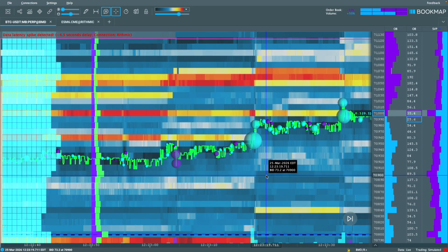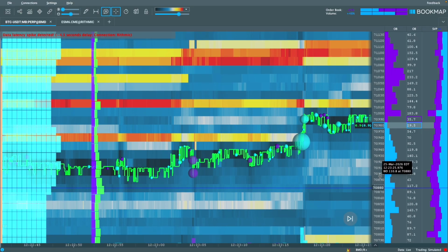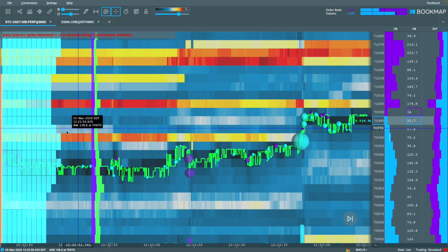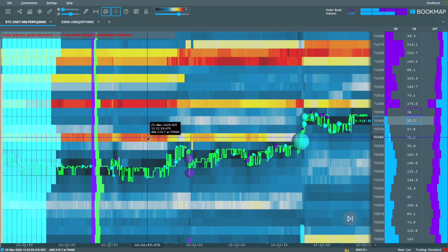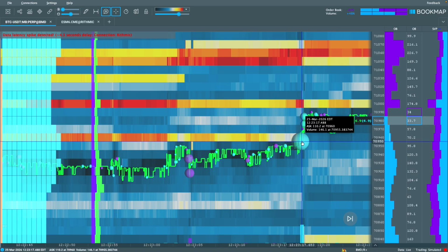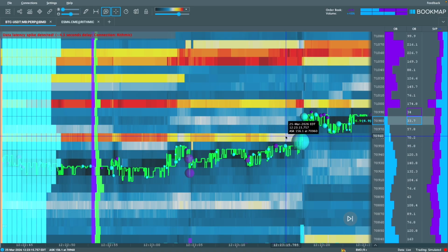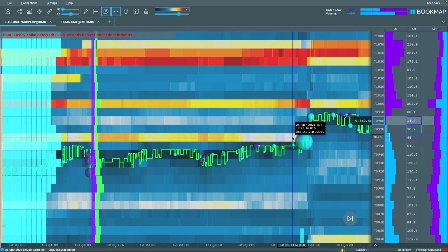Now, if you start to zoom in, you can see that all that liquidity was pulling, added and pulled again, added here, pulled again. But when price got to that liquidity level is the most important part. And what did it do right before price got to it? It pulled.